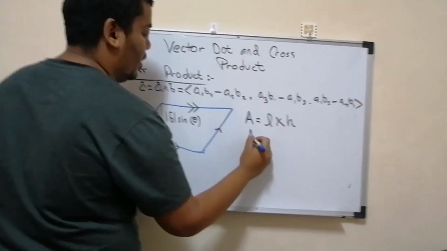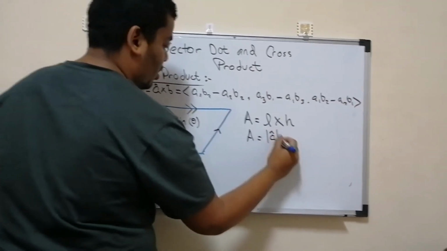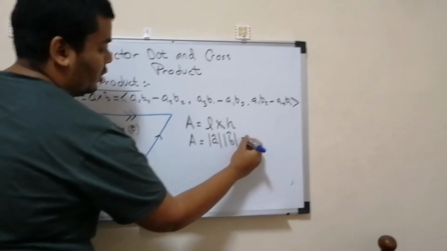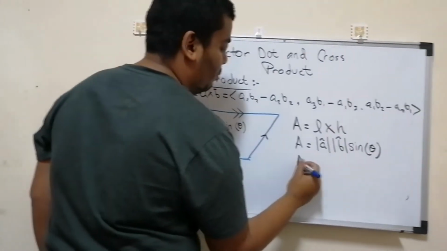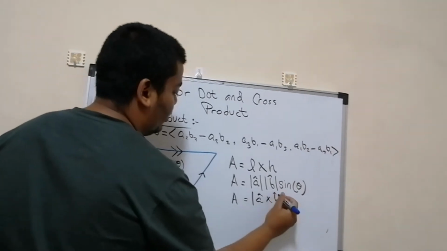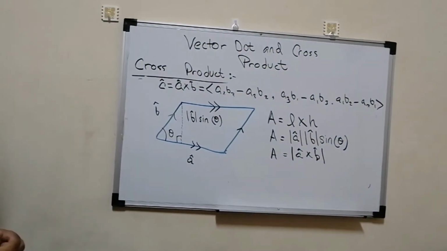So area will be the magnitude of vector A into the magnitude of vector B sine theta. So that's the height. And area can be written as the magnitude of the cross product of vector A and vector B. Okay.